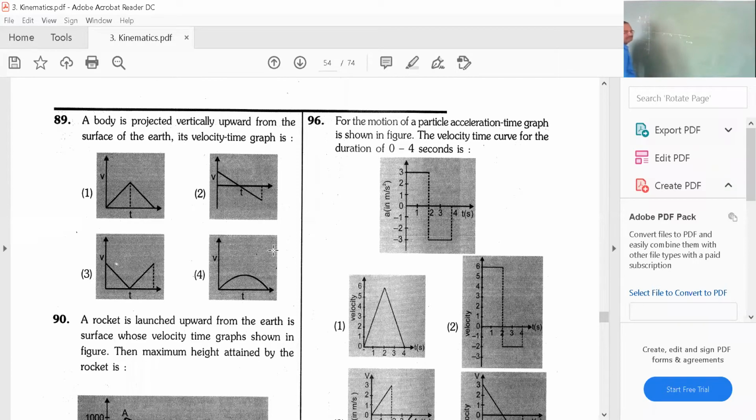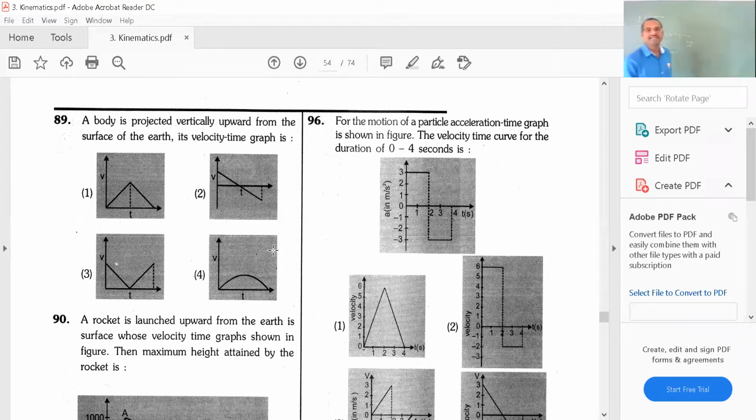So the graph is 3 up to 2, then thereafter 2 to 4, where 3 only. So this is the graph they have given. This is in meter per second square, and this is in time, seconds.